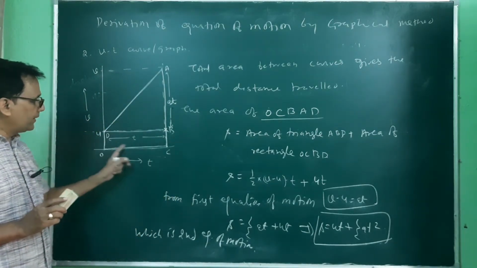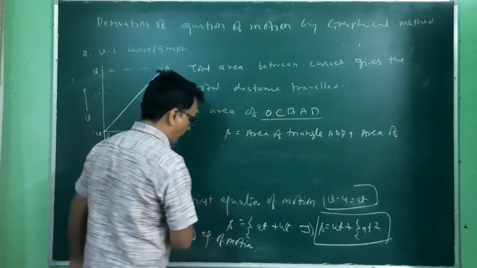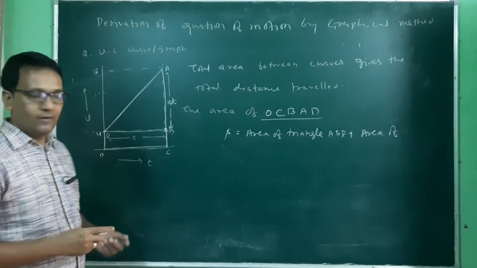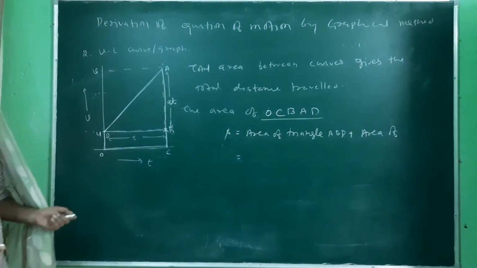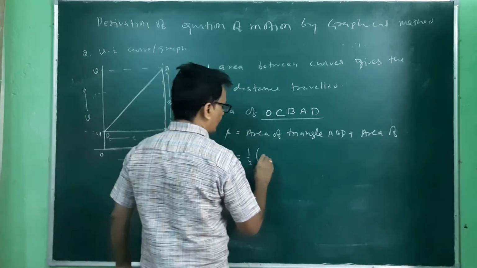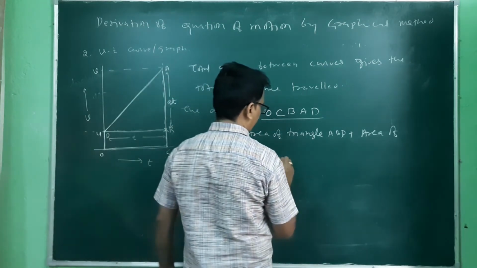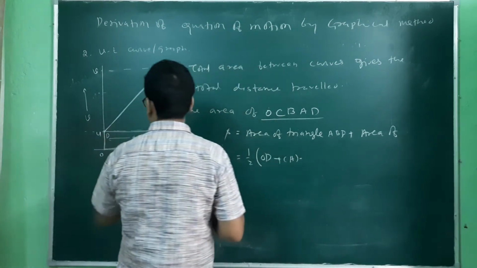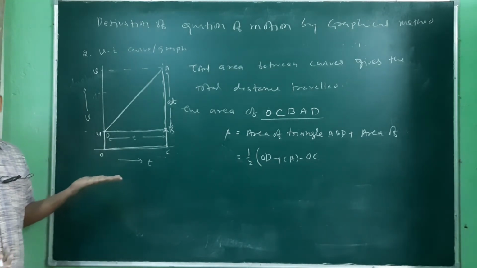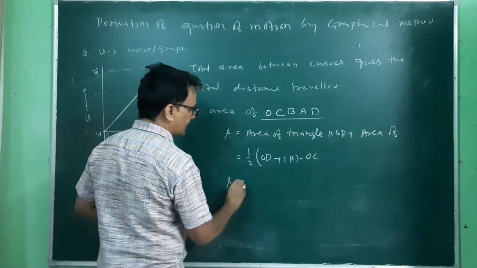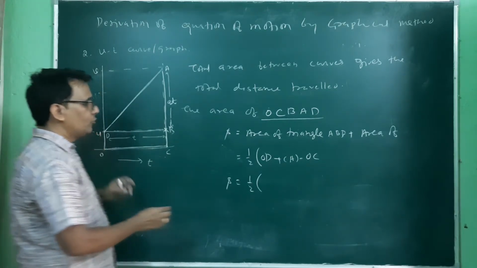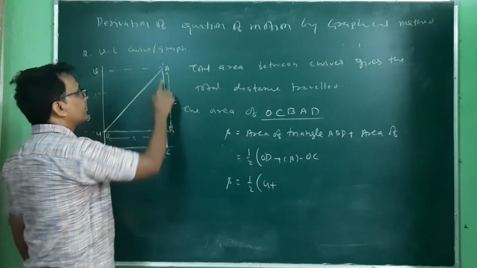You have a direct formula to find the area of this curve. Is there a direct formula to calculate the area of a trapezium? That is equal to 1/2 into the sum of OD plus CA multiplied by this OC. Okay, right. Now put it in and see, your next equation will come. So what we have to put: this is equal to s, and that is half. OD is u and this CA is v.